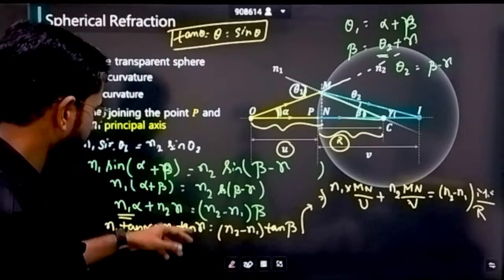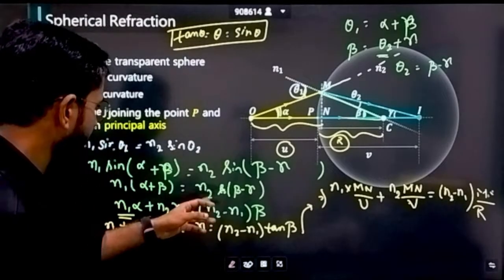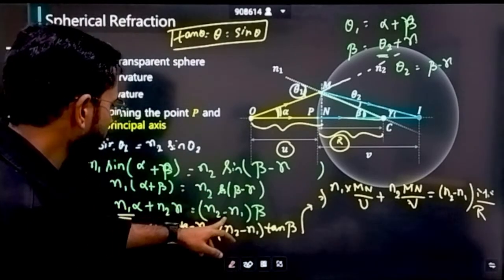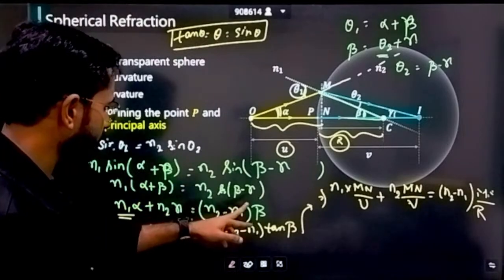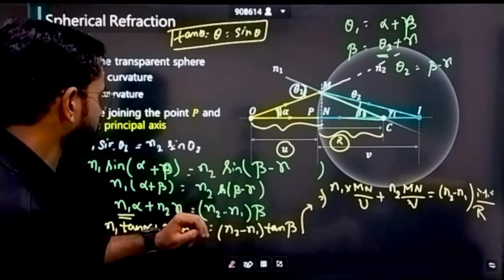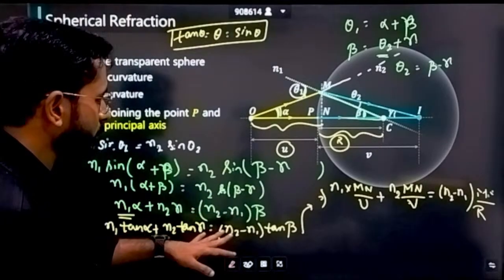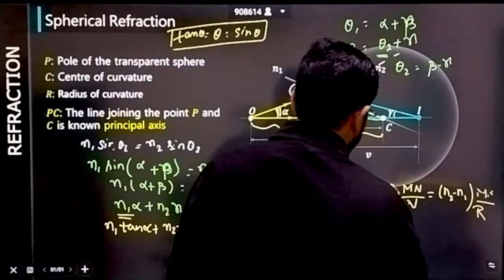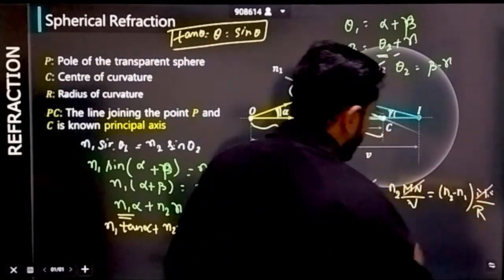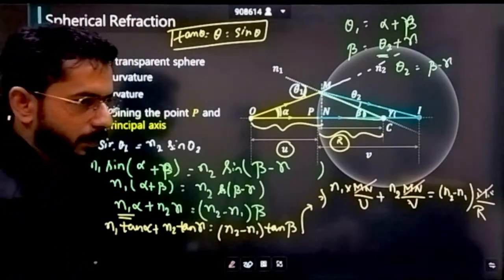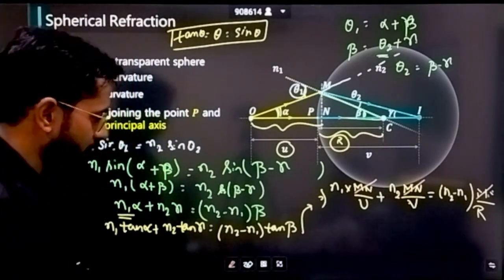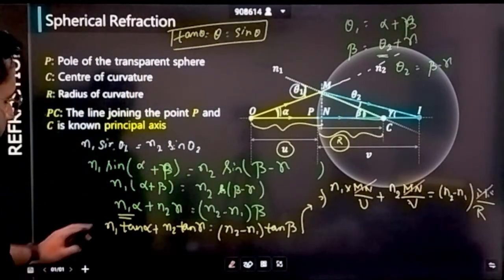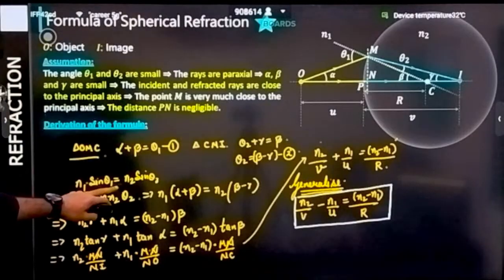And then you have written tan of alpha, and here you have taken n2 beta, and here you have taken minus n1 beta. Correct? So now what will be happening? mn will simply get cancelled out. Now I don't have any space left here, so let's see.